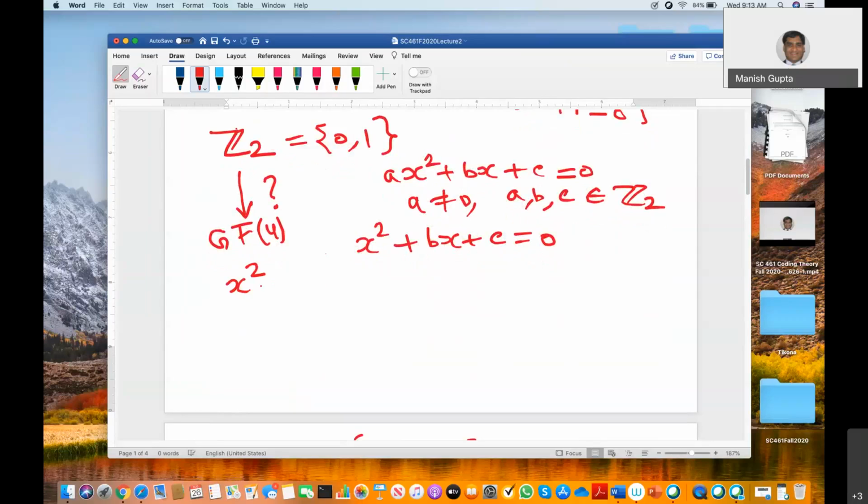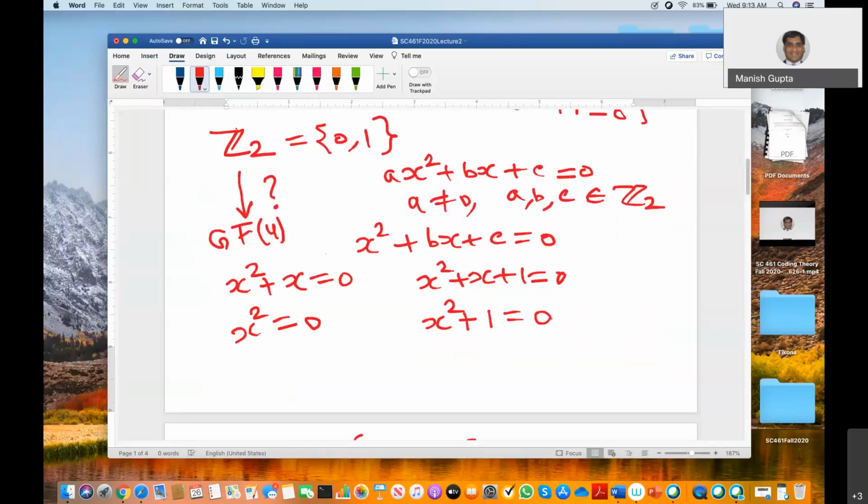I can take b equal to 1, say x square plus x is equal to 0, and x square is equal to 0, and another equation will be x square plus x plus 1 is equal to 0, and another one, x square plus 1 equal to 0, right?